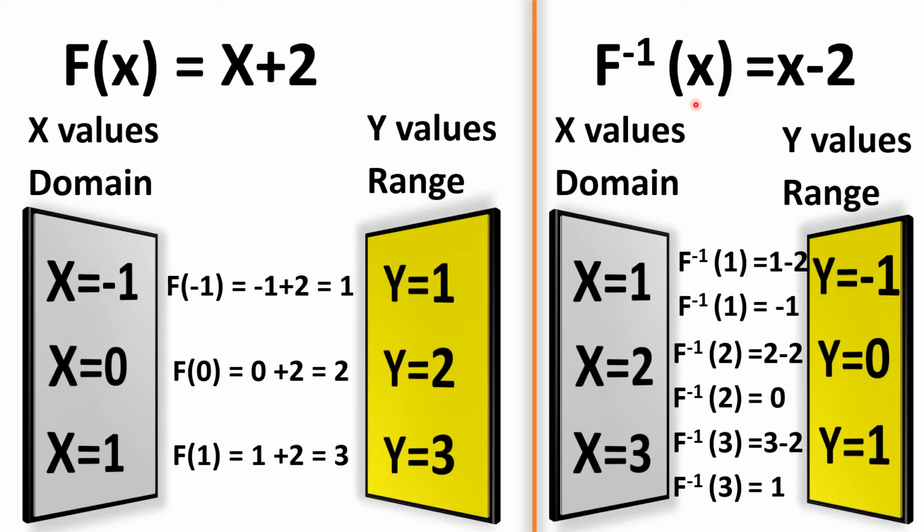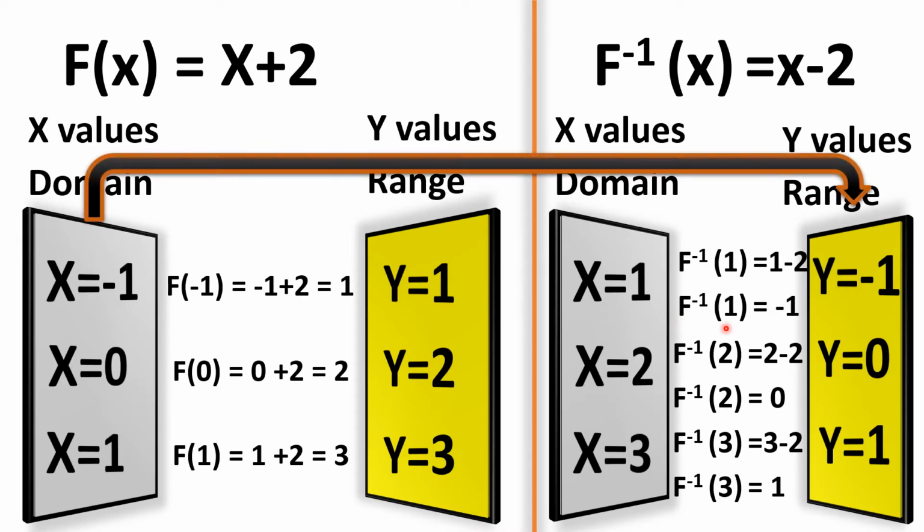So what does f inverse of x do? It just replaces the domain with the range, replaces the x with the y. Here, you see, same values. Here, the same values.